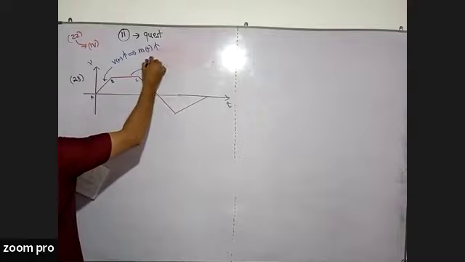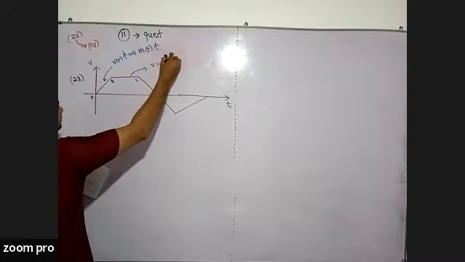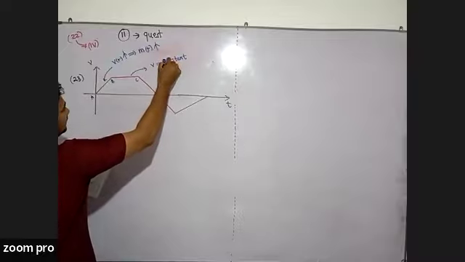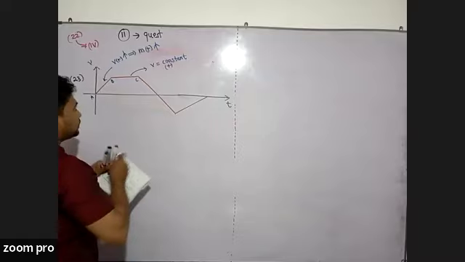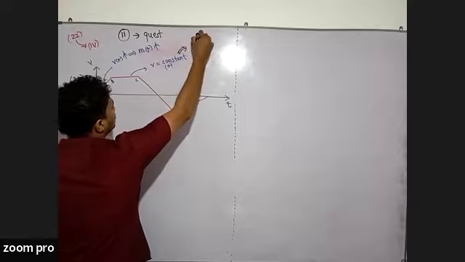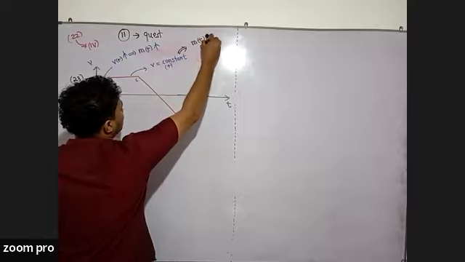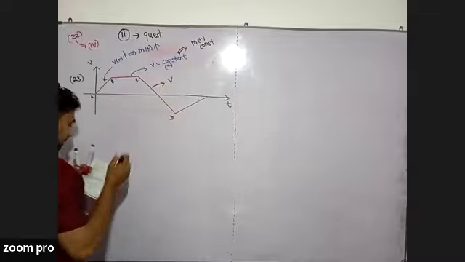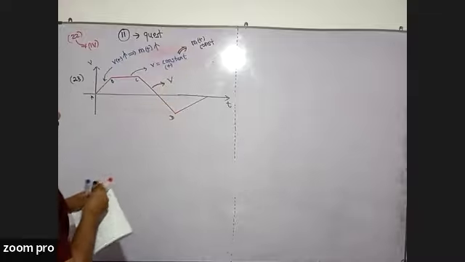From B to C, velocity is constant and it is a positive value. So the gradient of the displacement time graph is also positive and constant. So what happened to the velocity in CD?